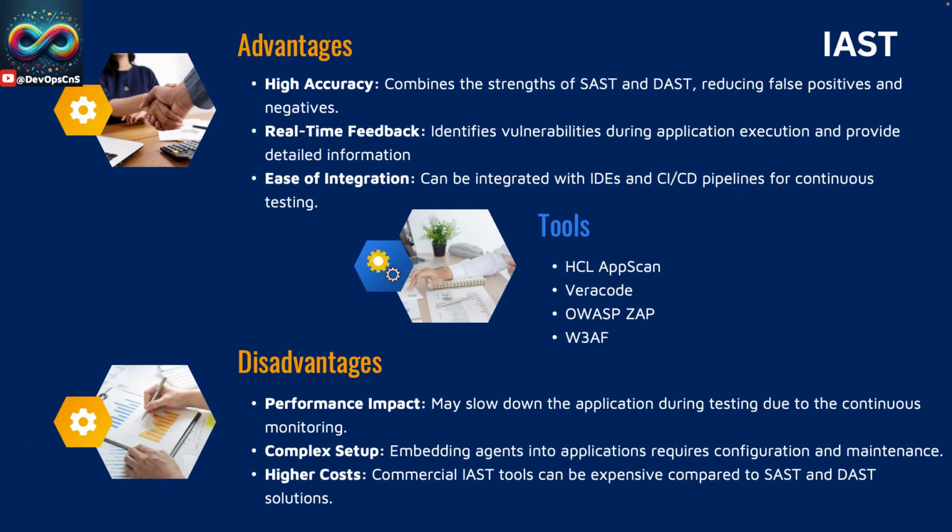Next are the advantages of IAST. It has high accuracy because of the combination of SAST and DAST, so it helps reduce false positives and false negatives. It has very high accuracy compared to SAST and DAST. It gives real-time feedback: it identifies the vulnerability while the application is executing and provides very detailed information.